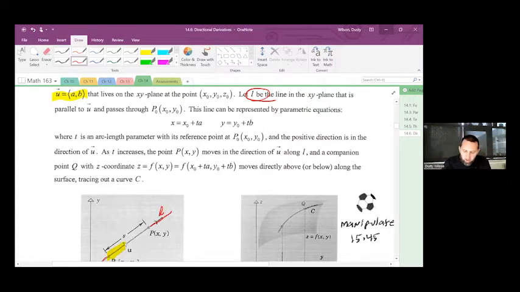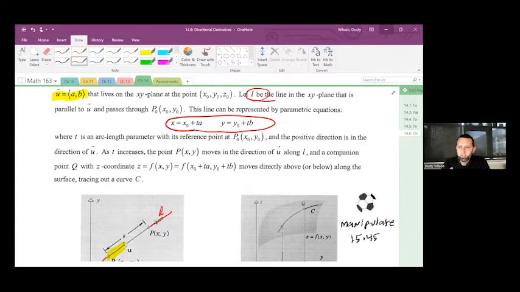Okay. And we know that that line L can be represented parametrically as follows. That little bit about the arc length says that when t equals 0, we've traveled 0 distance. When t equals 1, we would have traveled a distance of 1. When t equals 2, we would have traveled a distance of 2. So time and distance are the same.